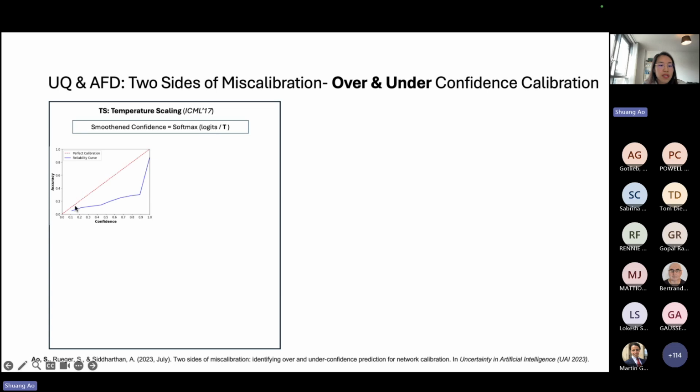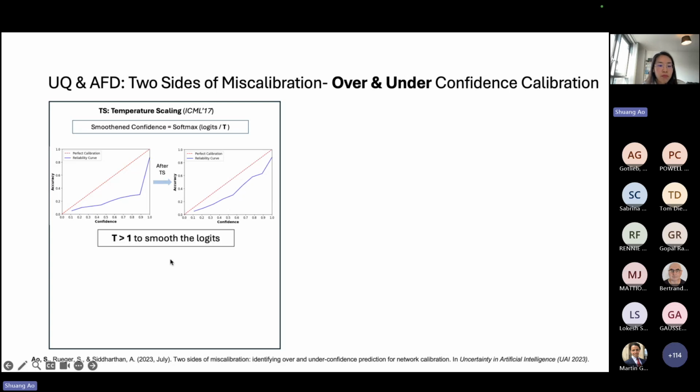If you still remember this reliability diagram, this one is clearly the overconfident one. After you apply the temperature scaling, the situation can be slightly better. But there's one problem with temperature scaling: the T value is always bigger than 1, which means it only deals with the overconfident class.